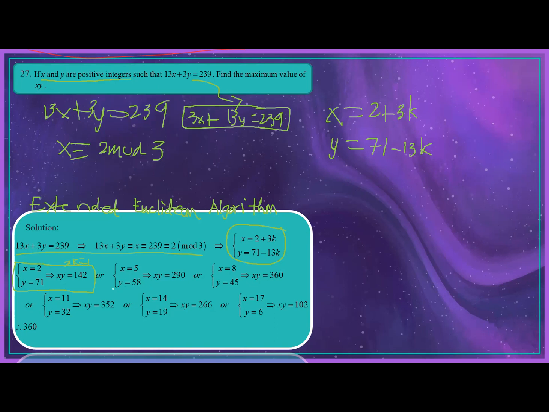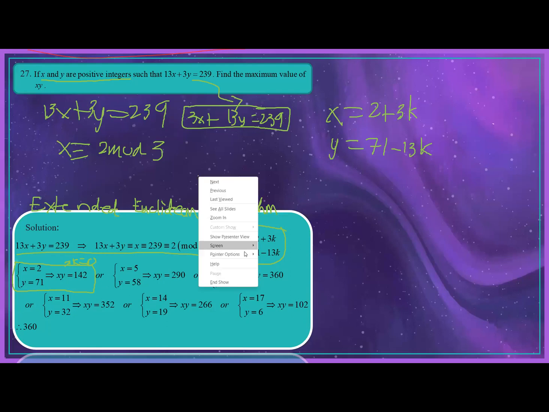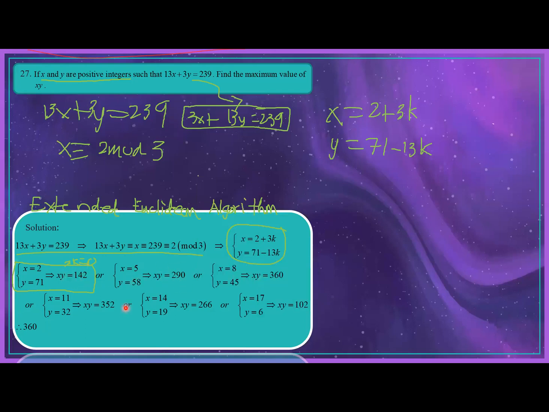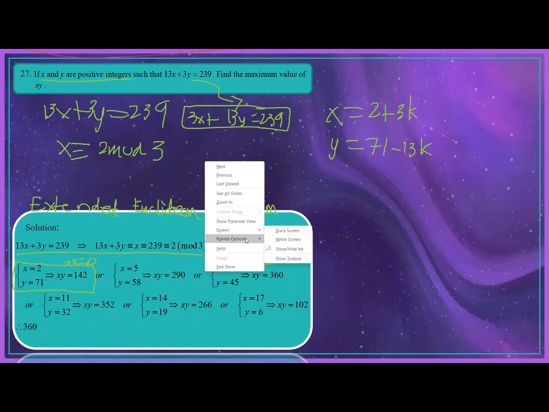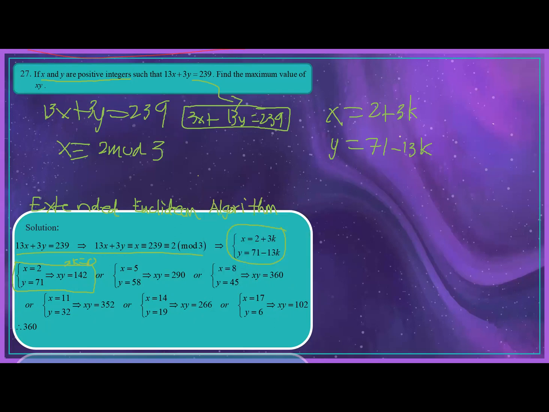And for k equals 0, and for k equals 1, 2, and so on, you solve for x and y in every case, and you solve x times y also. So as we know, among these 6 cases, the maximum value is 360. Okay, so that would be the case if we are restricted to x and y being positive integers.